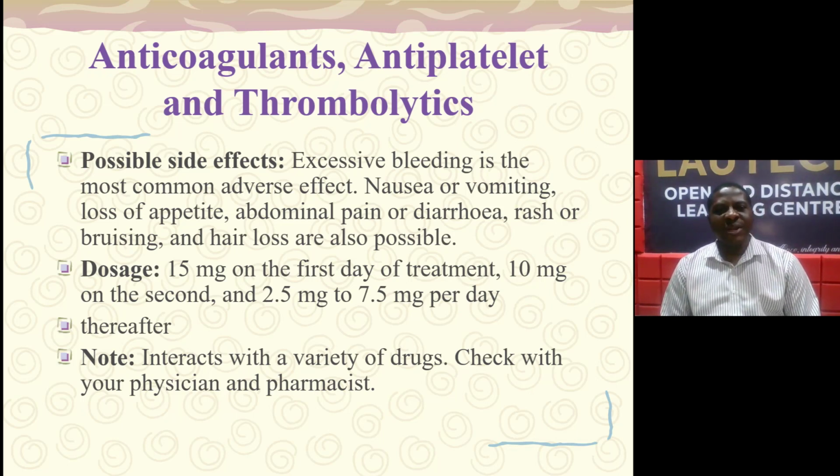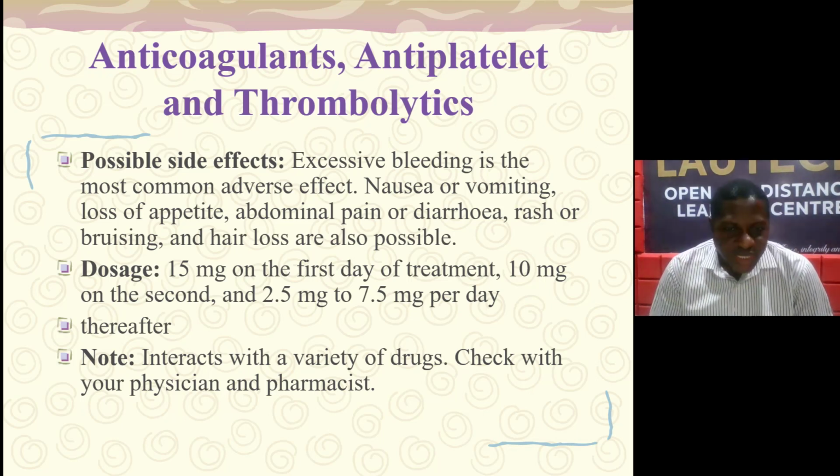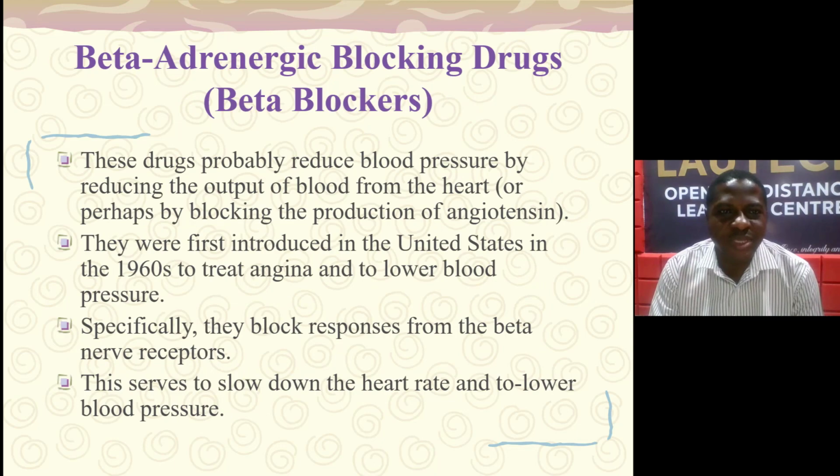Dosage: 5 milligram on the first day of treatment, then 10 milligram on the second day, and 2.5 to 7.5 milligram a day thereafter. Note, it interacts with a variety of drugs. Check with your physician and the pharmacist to get to know some of the other drugs that it interacts with.